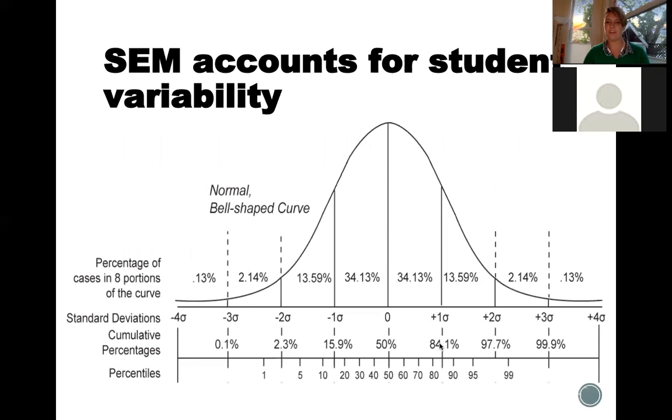So we can think of that in terms of Eddie. He certainly doesn't always test the same, and he also doesn't test the same in the morning or in the afternoon, depending on what he ate or the level of his focus. The first score we get happened to be after recess, so it ended up being 3 standard deviations below the mean.